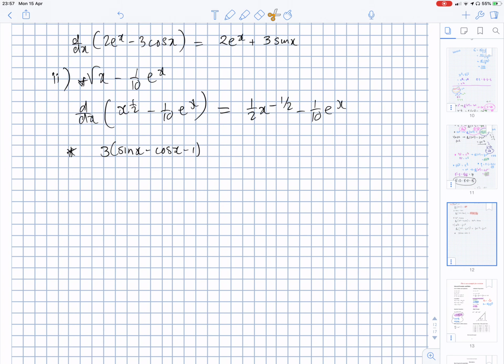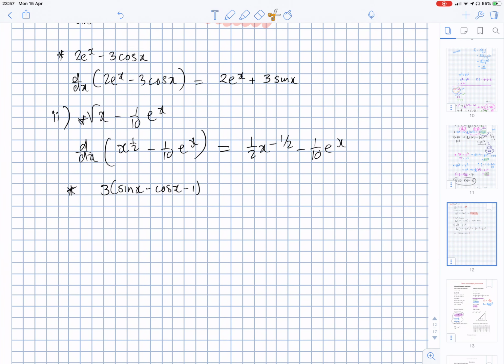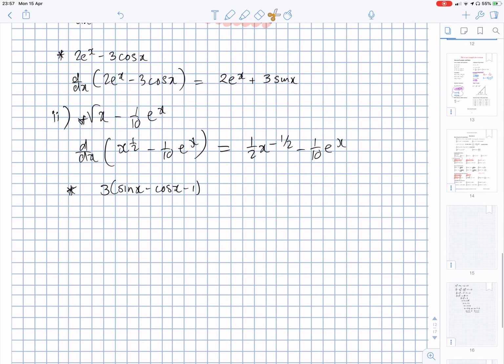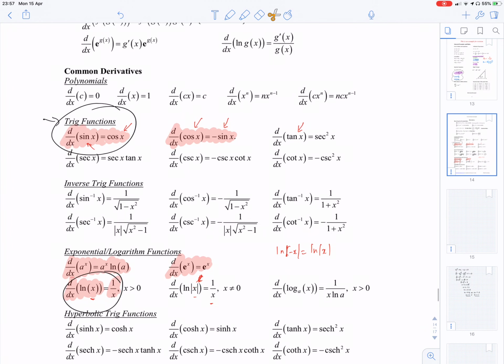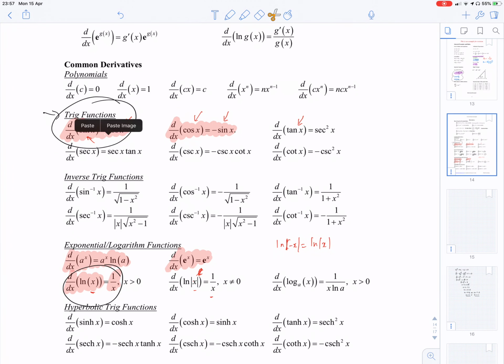Okay, so remember that d/dx of sine x is cos x, and of cos x is minus sine x.